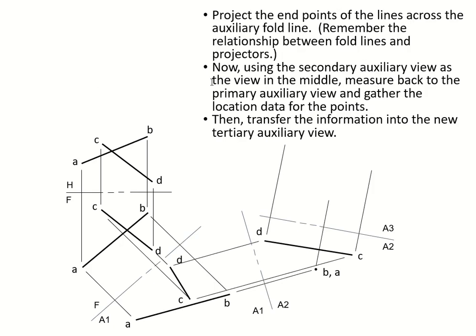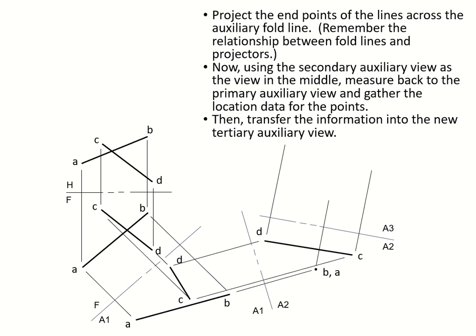So now we're going to measure between the secondary and the primary, and we need all of those measurements. And we will get all of our location data, and your reference planes are your fold lines, okay? So don't forget that.